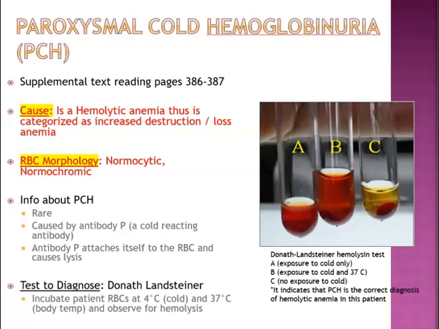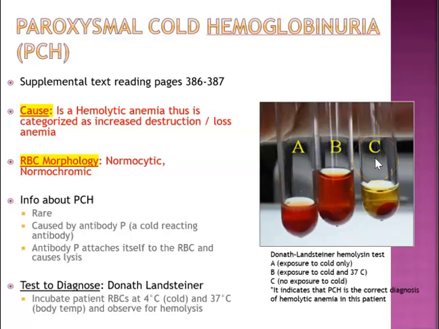So if we look over at the image on the right-hand side of the test, these patient samples have been incubated. The first one was exposed to cold only, so at 4 degrees Celsius. 2B, the same sample was exposed at a cold temperature of 4 degrees and at the warm temperature of body temperature of 37 degrees.